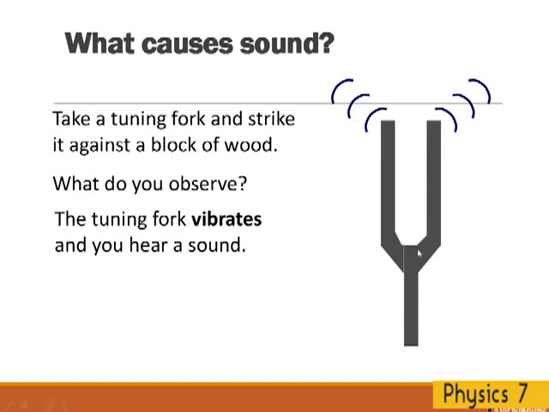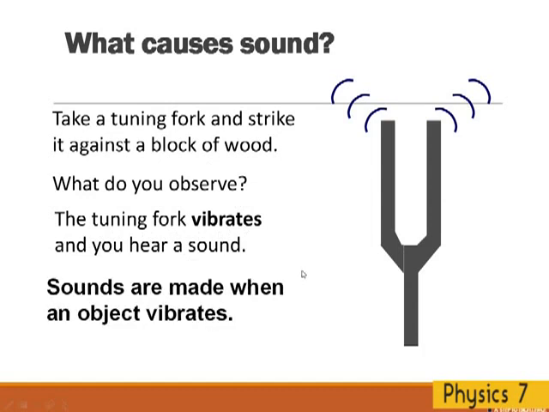So when you gently strike it against a block of wood, you hear a sound due to the vibration generated by the tuning fork. Sounds are made when an object vibrates.